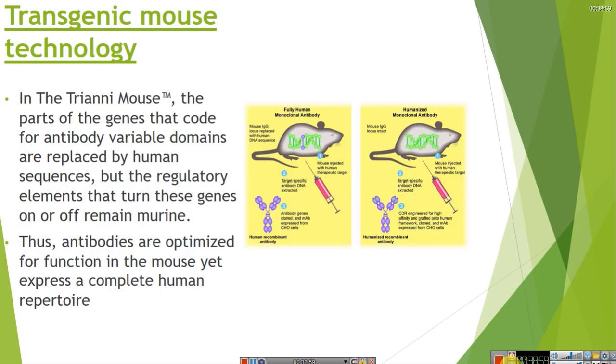Now, transgenic mice technology. There is a mouse strain, the Trianni mouse strain, where the part of the gene that codes for the antibody variable domain is replaced with human sequences. Okay, but the regulatory sequences are the same, so that they will be turned on and off as per the signal in the mouse.